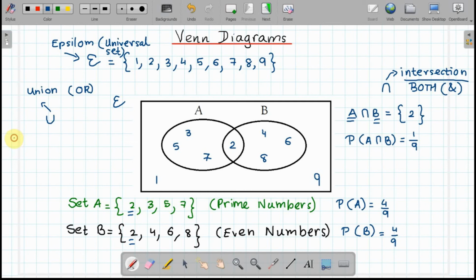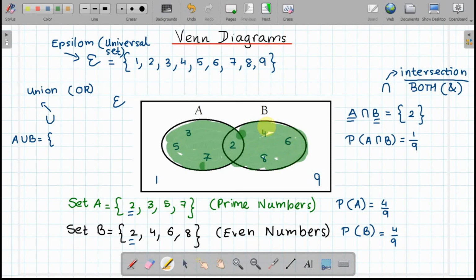So if someone asks me what is the set A union B? Again, I'll put those brackets here, and I'm going to write down the elements of this set. Let me shade it in so that you can see what I mean by A union B. It's everything in A or everything in B. Nothing on the outside, although my shading isn't great.